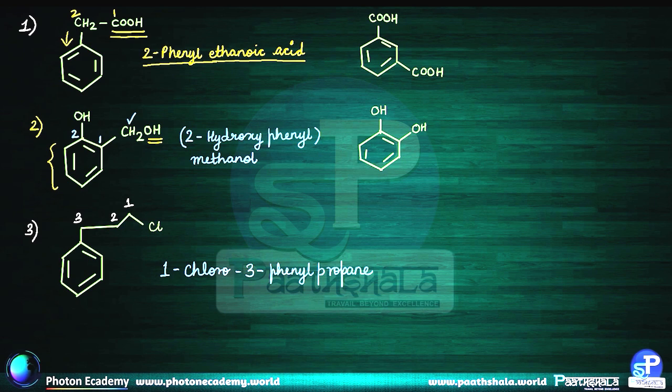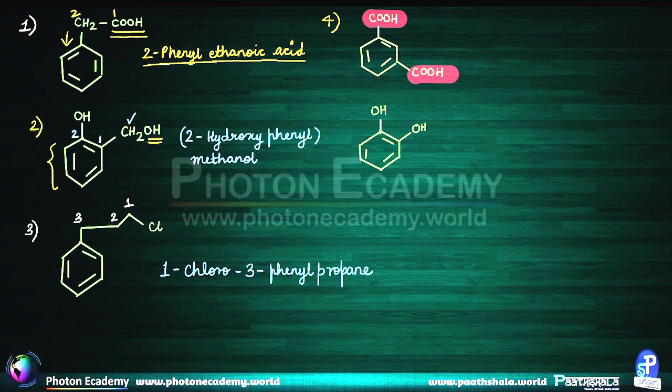All right. Moving on to the fourth one over here, we see the appearance of COOH over here and another COOH over here. So now, what is the name that we'll assign to this compound? If we clearly see, these two are connected to a benzene ring, so we can call this benzene, and at one position as well as the third position, we have the attachment of carboxylic acid.